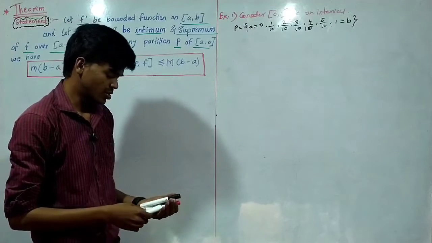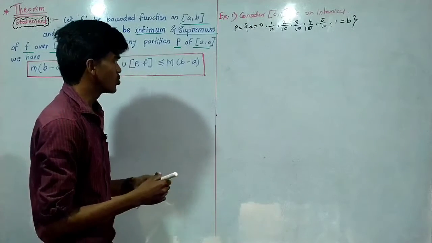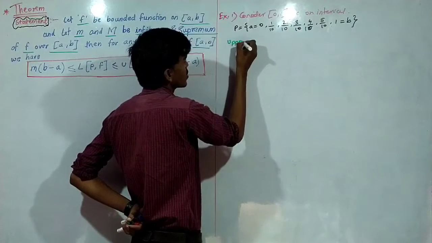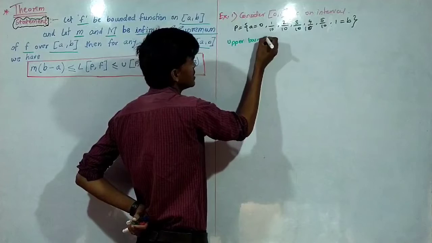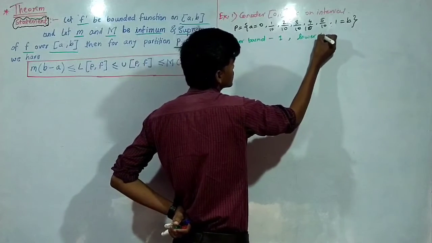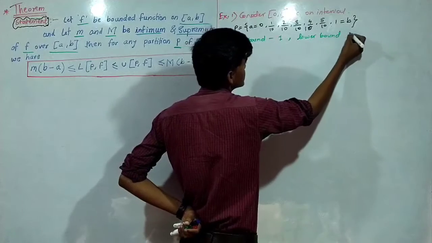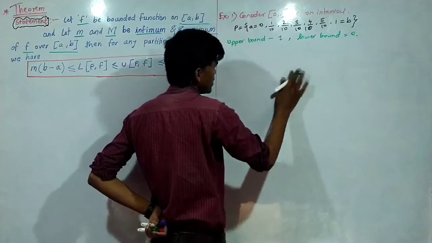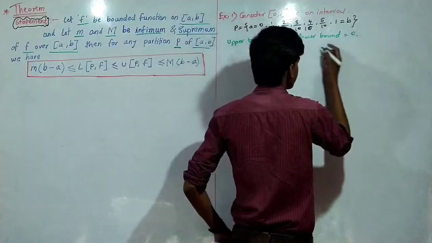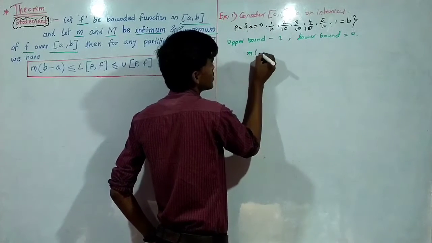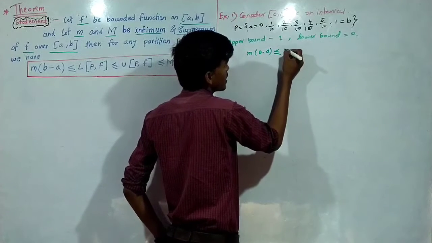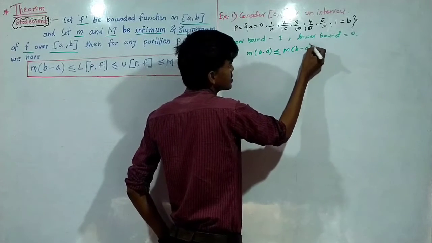Here the upper bound of this given interval is 1, and the lower bound of this interval is 0. By this we know that small m times (b minus a) is less than or equal to capital M times (b minus a).